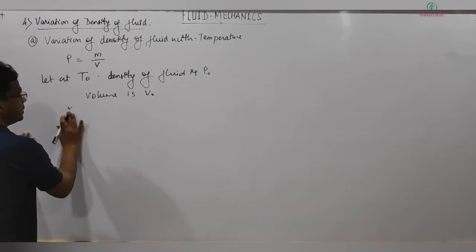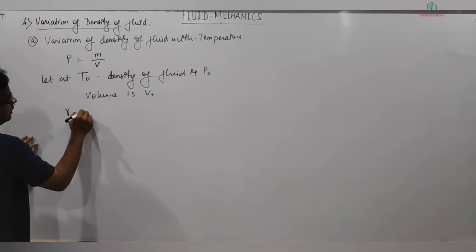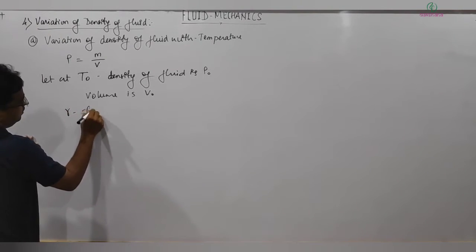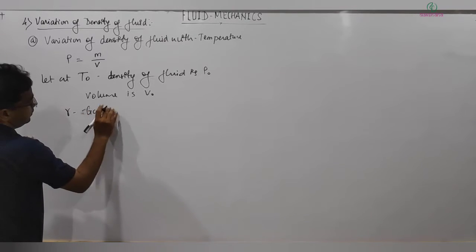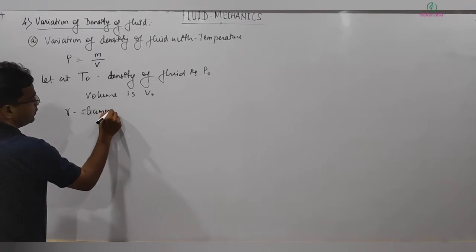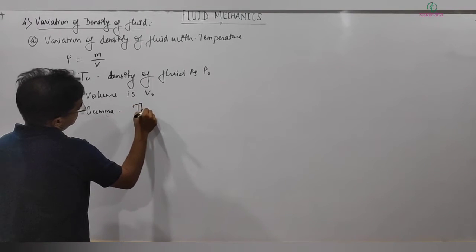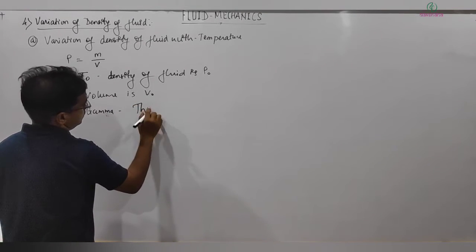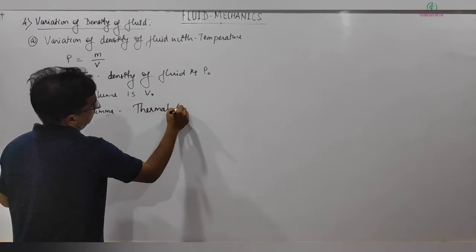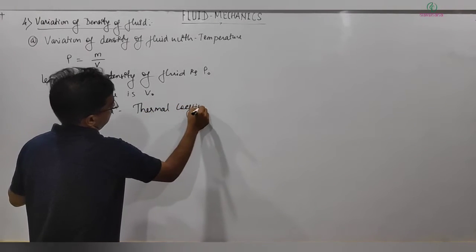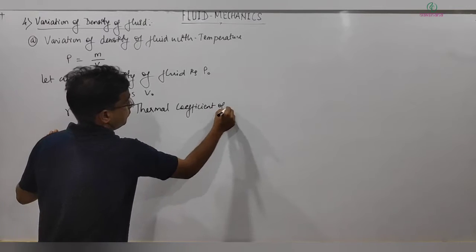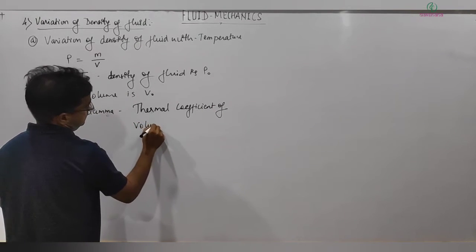And here we will need one more term, that is gamma. Gamma is called the thermal coefficient of volumetric expansion.